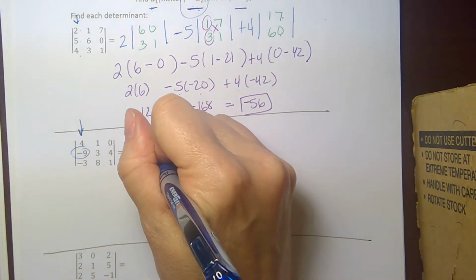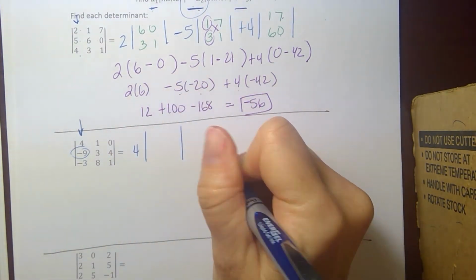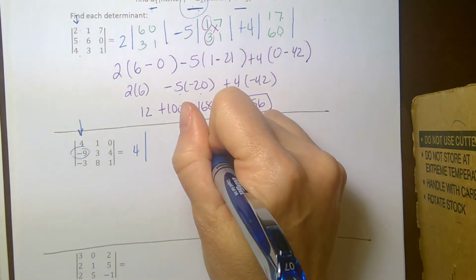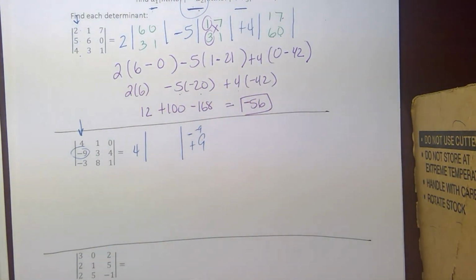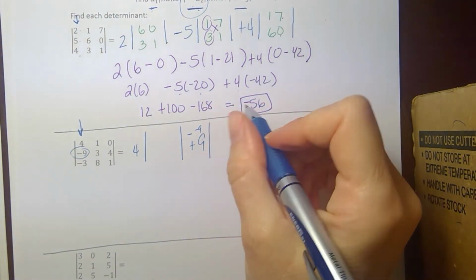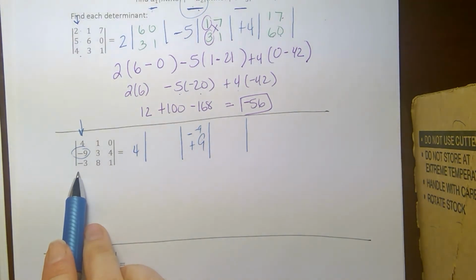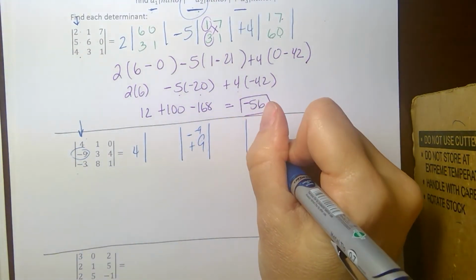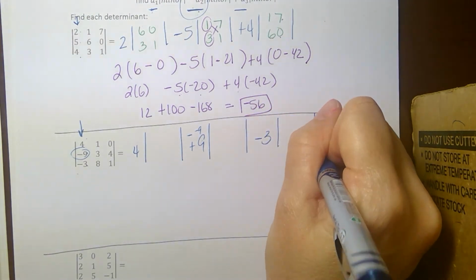So I have 4 times some determinant plus 9 times its determinant, because minus a negative 9 becomes plus 9. And then I keep this sign like it is. So it's keep, change, keep. That would be minus 3 times its determinant.